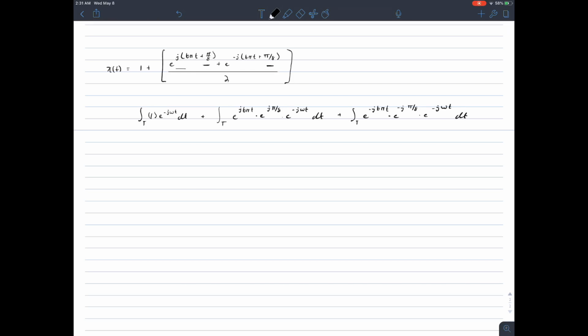Since you are integrating with respect to t, these are not functions of t, so they must go out. Don't forget your 1/2. Happens all the time.